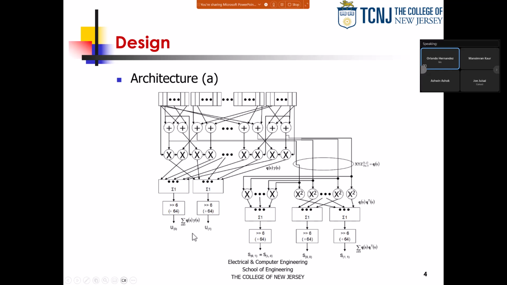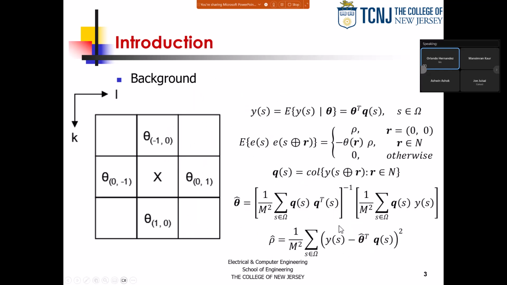So by the end of this part of the hardware, we have this part of the equation. So going back, this part over here formulates one part of this equation over here.